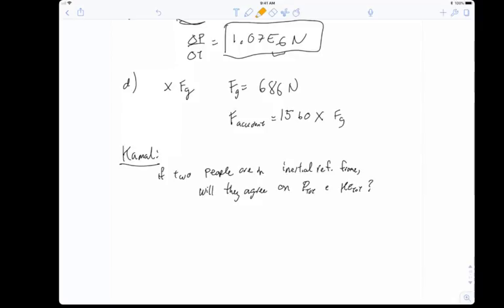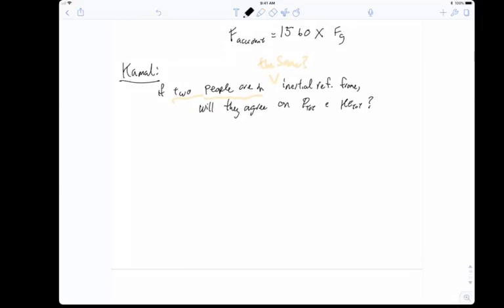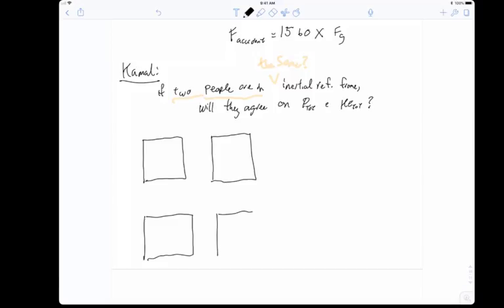So, two people are in the same reference frame. Inertial reference frames are ones where stuff doesn't roll around for no reason. So here are two people.